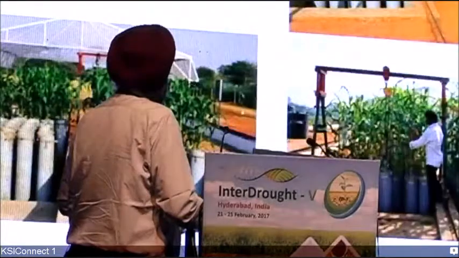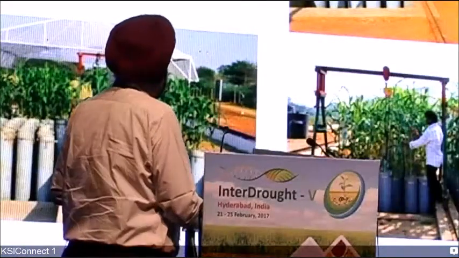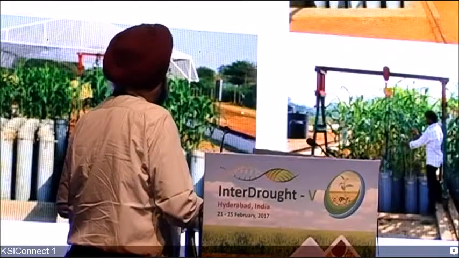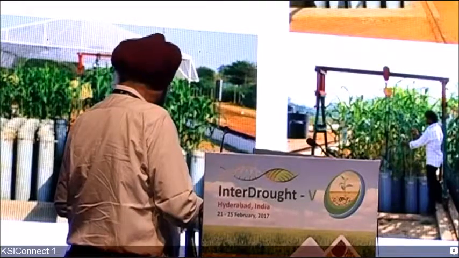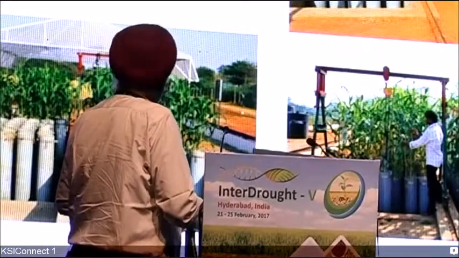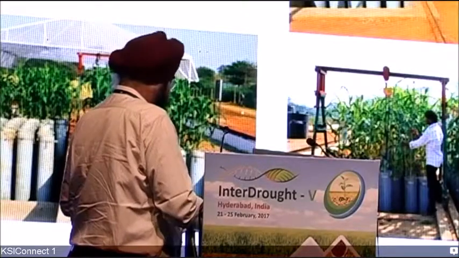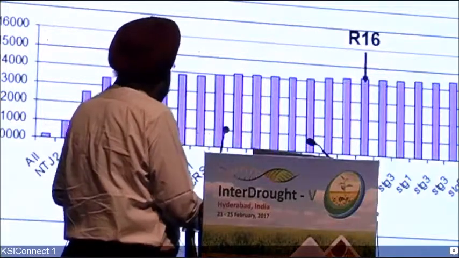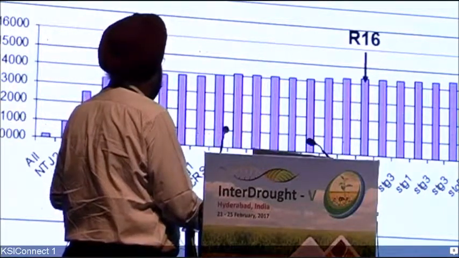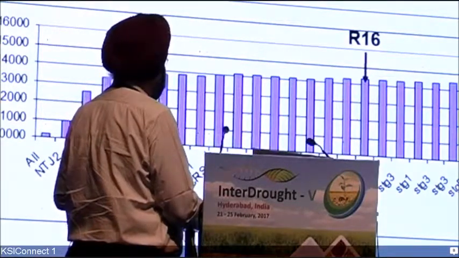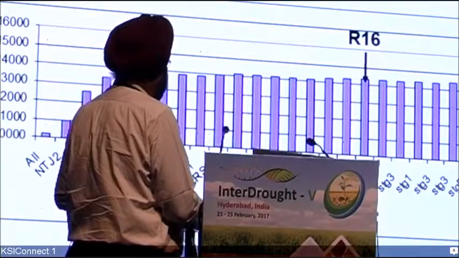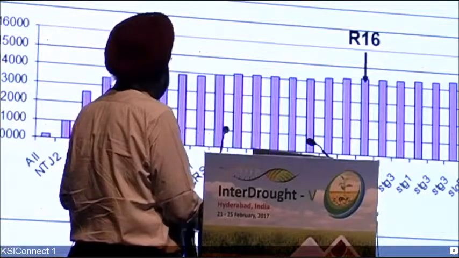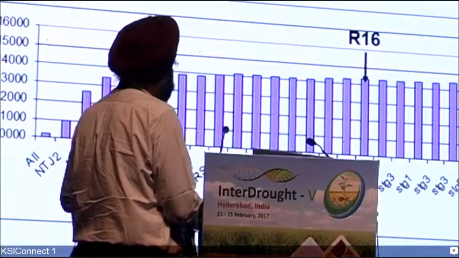Then we conducted some trials under the lysimeter, both at IIMR and ICRISAT, but I'm showing the major work from ICRISAT, Vincent's work, on water extraction and transpiration efficiency. Again, stay green 3B is contributing a lot to water extraction ability in R16. There are lines with more water extraction ability than R16, but the much bigger improvement is in S35.